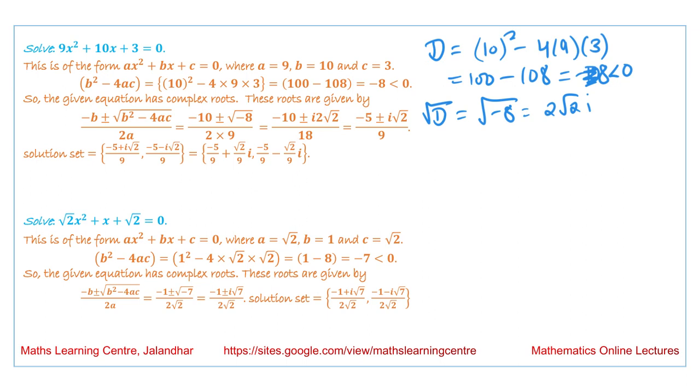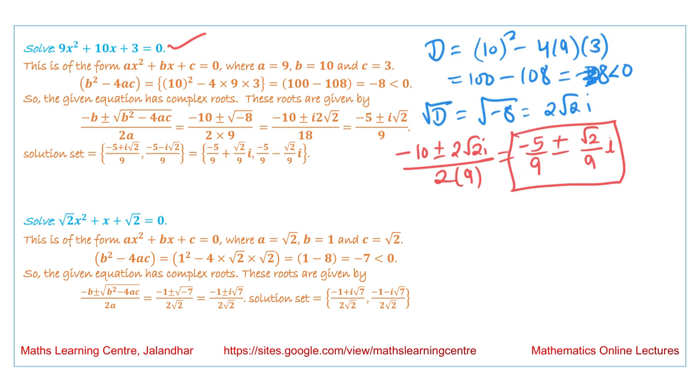So the roots of this equation will be minus b plus minus 2 root 2 iota by 2a, and the value of a we have is 9. So this is equal to minus 5 by 9 plus minus root 2 by 9 iota. So these are the 2 complex roots of this equation.